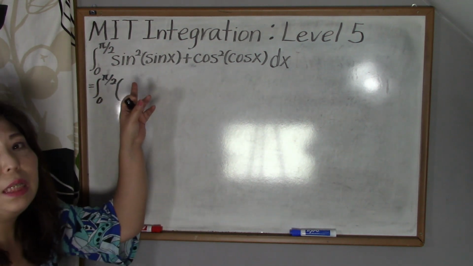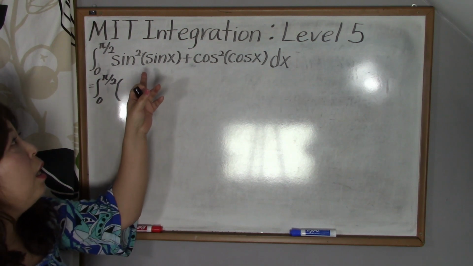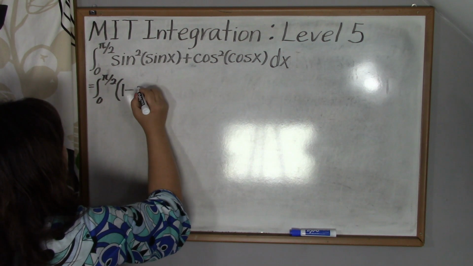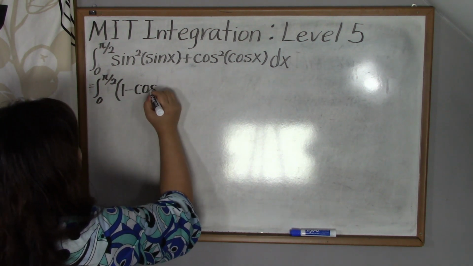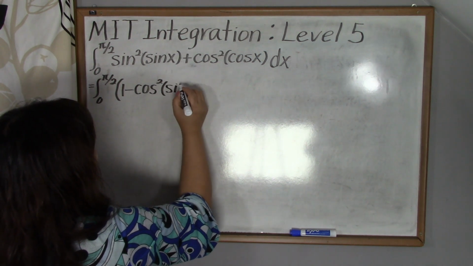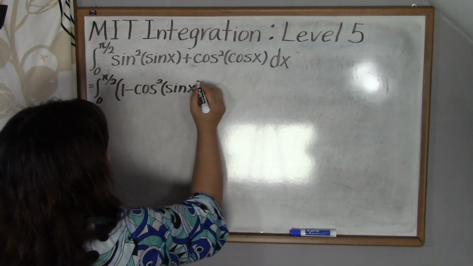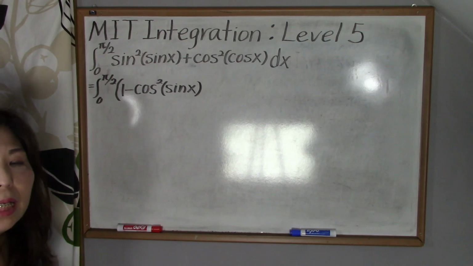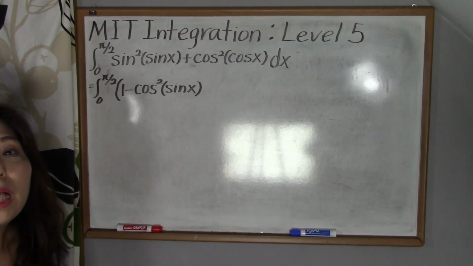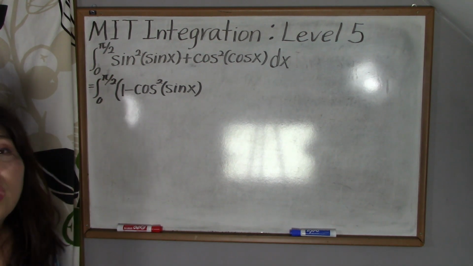I'm going to change sine squared of sine of x into 1 minus cosine squared of sine of x, since sine squared of sine of x plus cosine squared of sine of x is equal to 1.